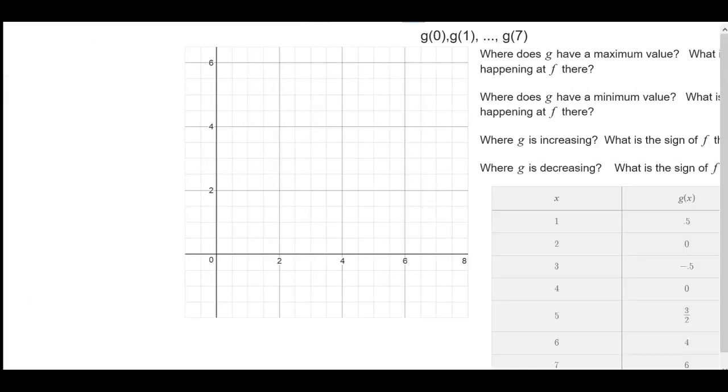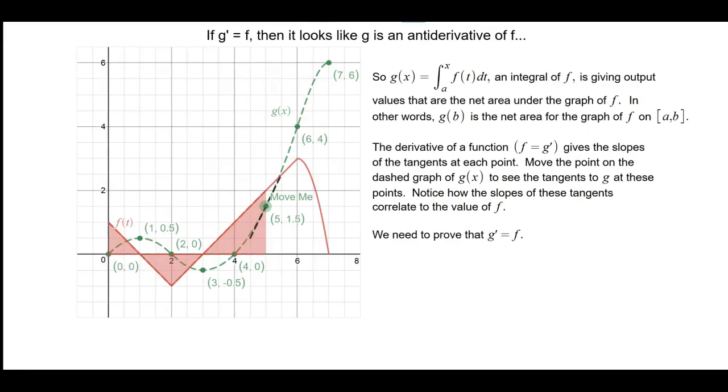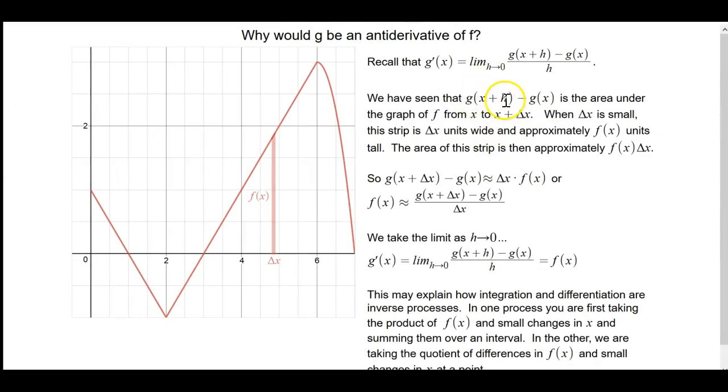So if we go back over to this slide, g of x plus h, or x plus delta x, minus g of x is just that difference in the area under the curve. When that delta x is small, it's like the area of a small strip, which has width delta x and height approximately equal to f of x.